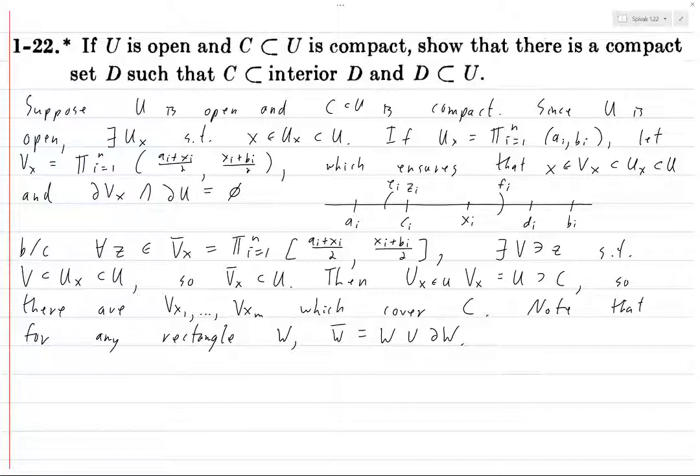So therefore, that helps us confirm that the boundary of Vx intersected with the boundary of U is empty.